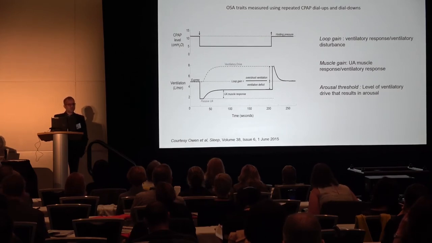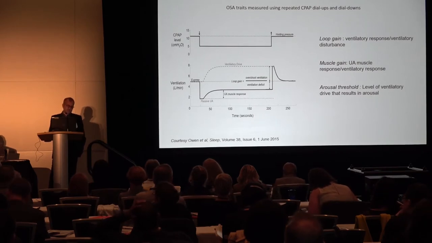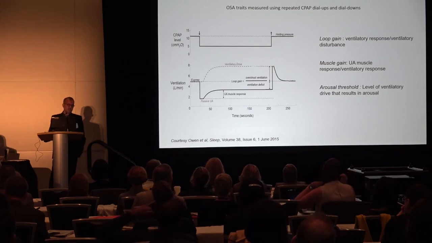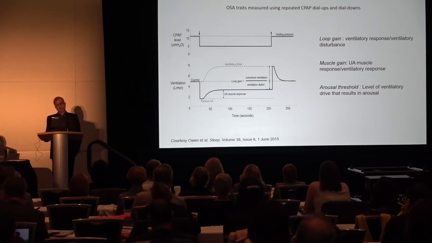That's called muscle responsiveness, muscle gain. And when we come back up to the optimum therapeutic levels, there's a ventilatory response to the ventilatory disturbance. That's loop gain.